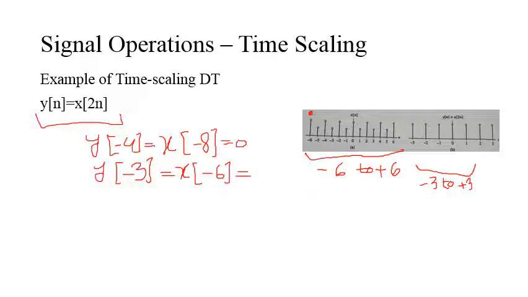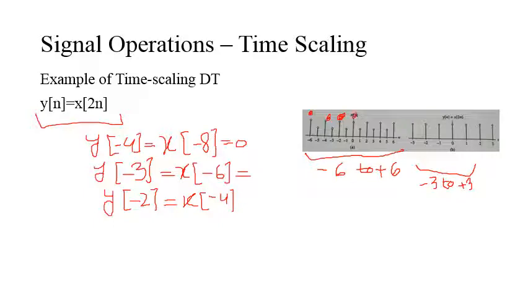Then again, the next value will be y of n equals -2. In that case, it will be equal to x of -2 into 2, x of -4. So we get this value, right? Again, using a similar argument, we get -2.